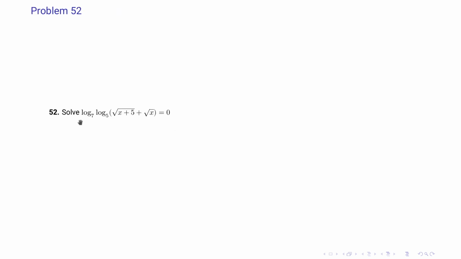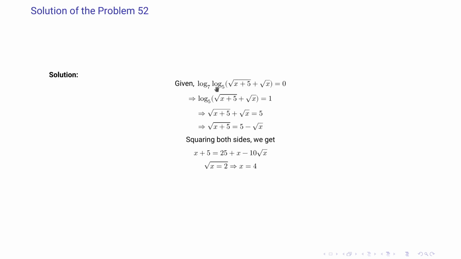Problem 52 says solve log with base 7 of log with base 5 of square root of x plus 5 plus square root of x is equal to 0. So in this case, first we remove log 7, we take anti-log, and this becomes 7 to the power 0, that is 1. Then we remove log of 5, we take anti-log, and this becomes 5 to the power 1, that is 5. So what we are left with is square root of x plus 5 is equal to 5 minus square root of x.